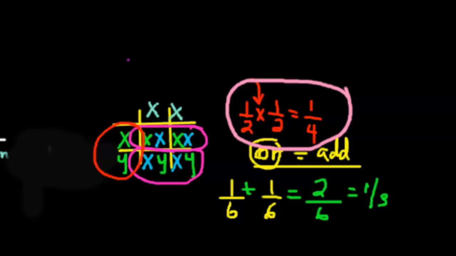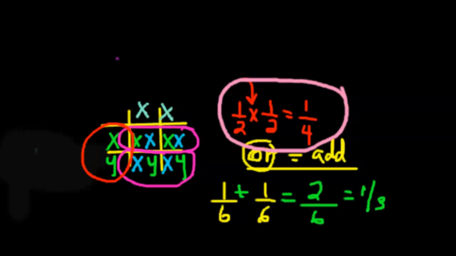And what if the probability is that they have three children and they're all going to be the same gender? Let's say all three of them are going to be girls. We're going to multiply them. What is the probability of the first child being a girl?